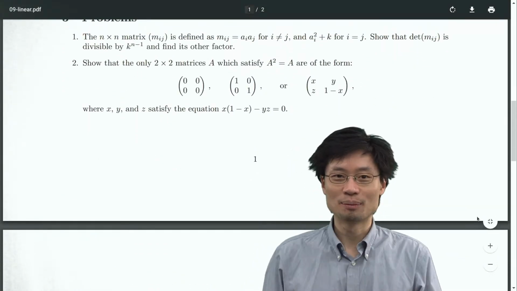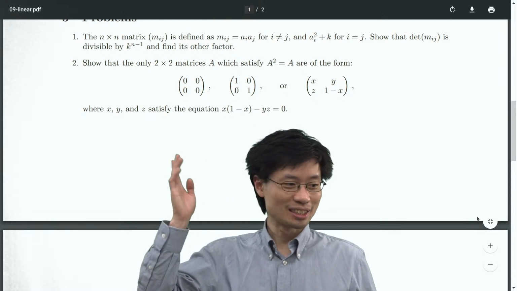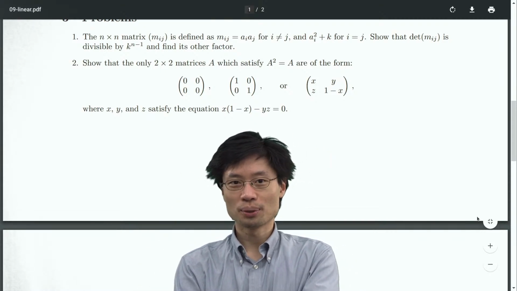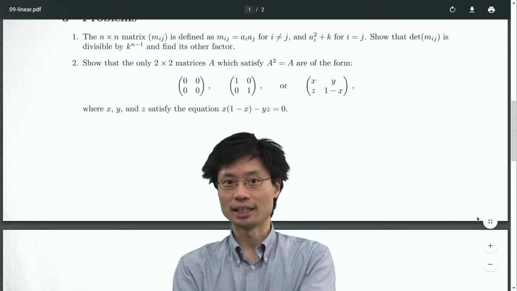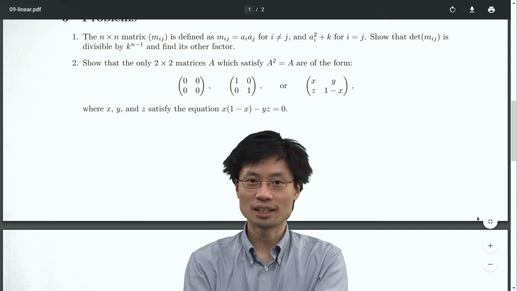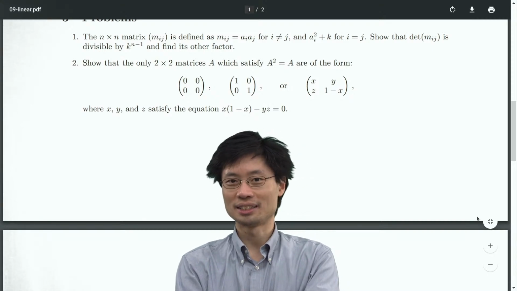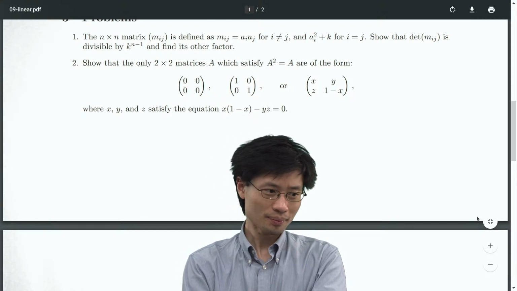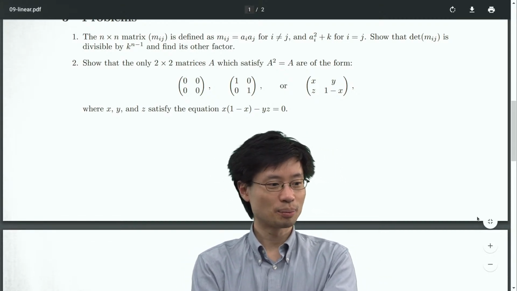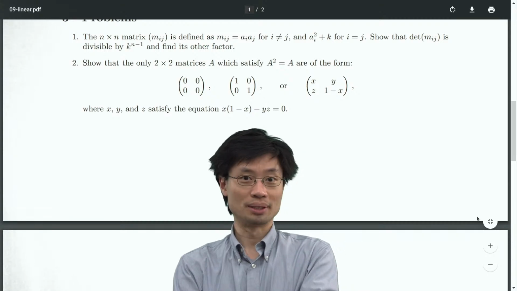Which takes us to the first question I want to play with. Let's find the determinant of a giant matrix. So this is the first problem on the sheet. We're going to write an n by n matrix, and we'll put that m_ij is something. Now m_ij means the entry at the ith row and the jth column. That entry is supposed to be just the product of some numbers, a_i a_j.